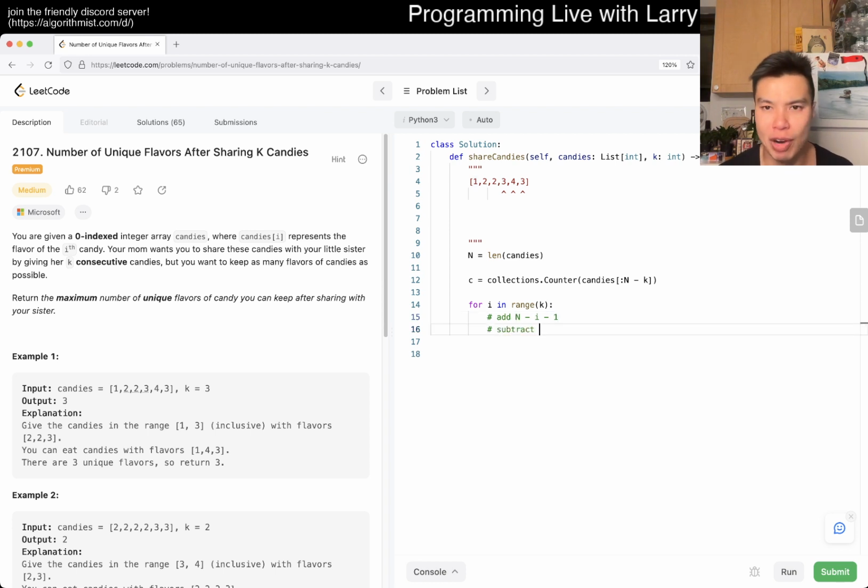What do we want to subtract? So for the ith one, it's going to be n minus k. So this cell is going to be n minus k minus 1, and then the one is going to be n minus i minus 1, right?